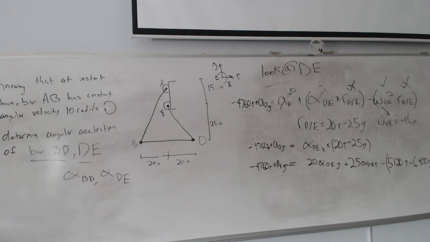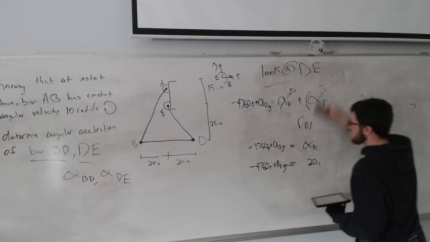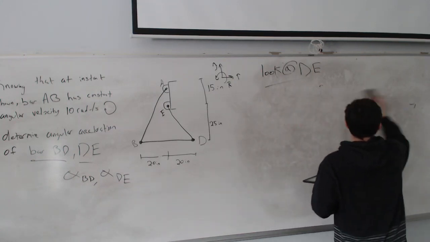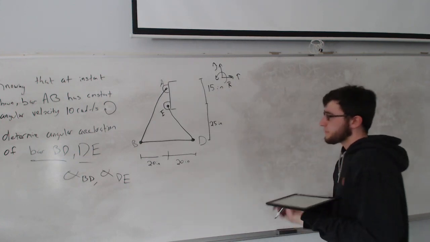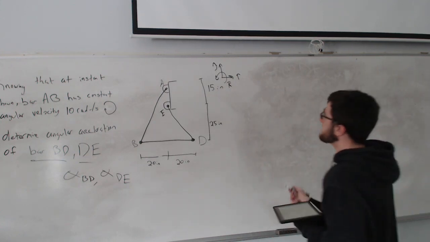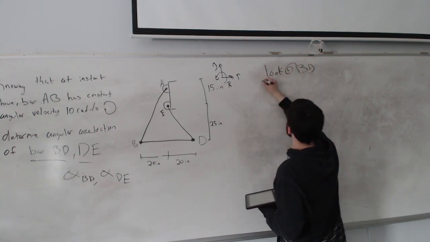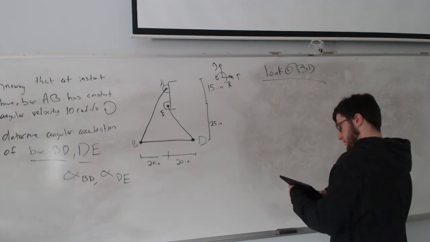So, last step, we have everything we need. Everyone's good if I erase? Last step, and it makes sense. Look at BD one last time because that's where we started, right?